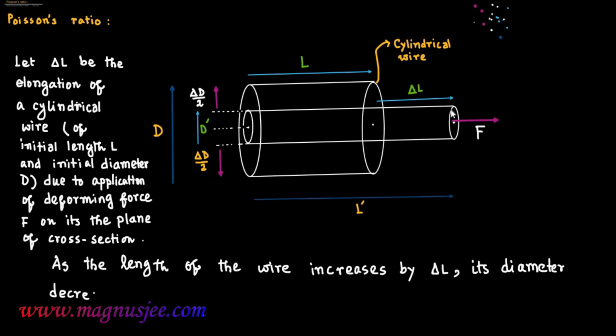Its diameter decreases by an amount delta D.